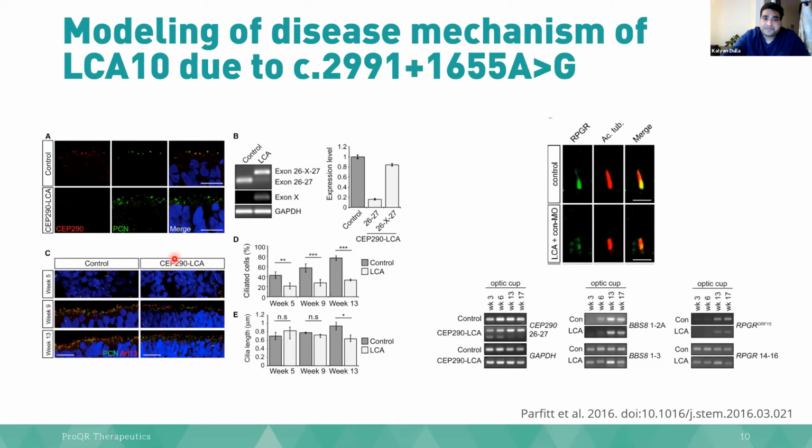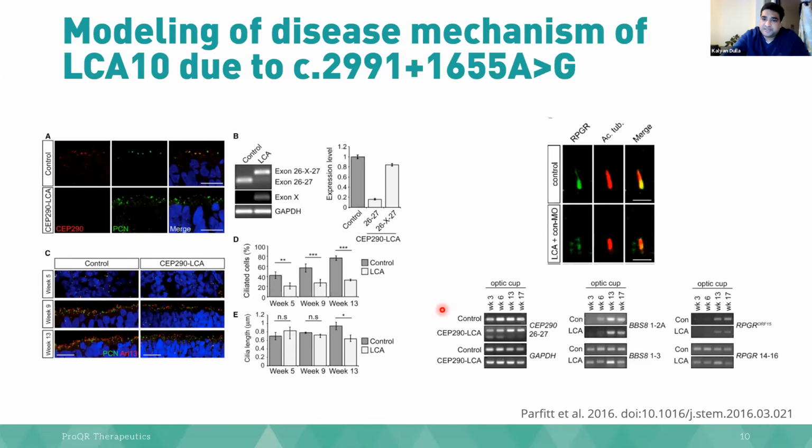They have also noticed that absence of CEP290 protein results in a decrease in the number of ciliated cells and a decrease in the length of the cilium. Absence of CEP290 protein also results in mislocalization of proteins such as RPGR to the outer segment.